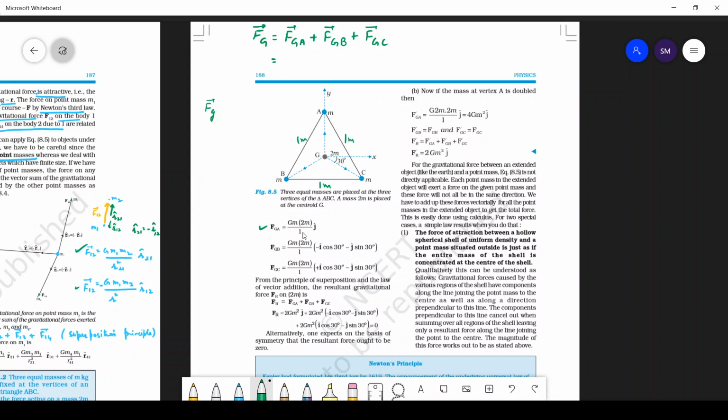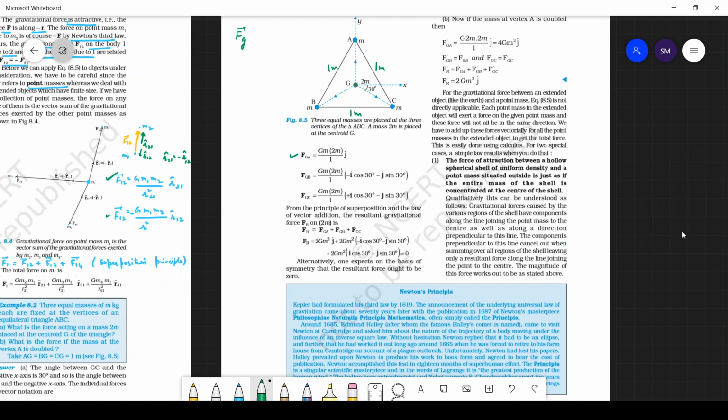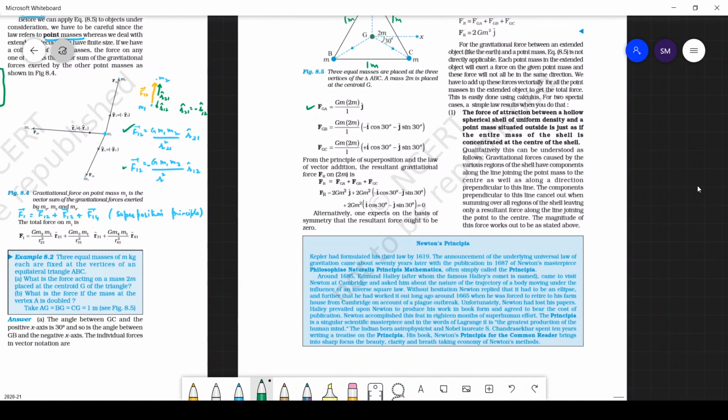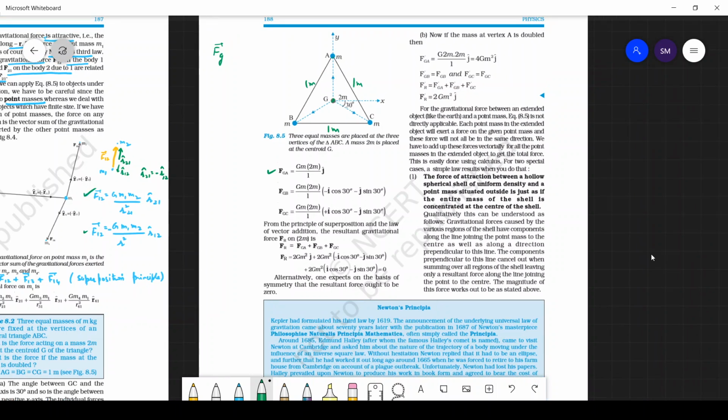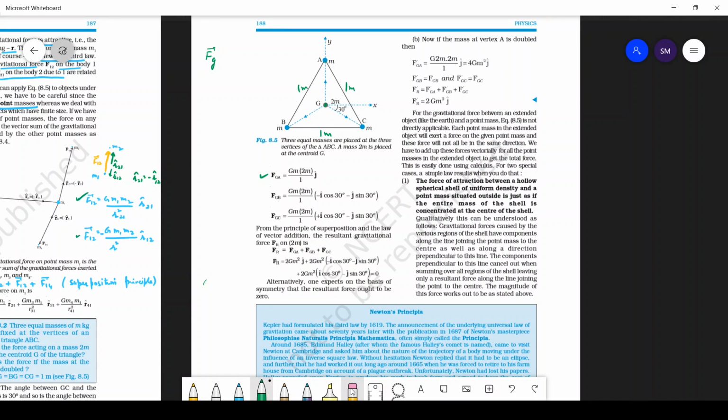So FGA is G m1 m2 upon r square. So what is the distance between G and A? See students, the sides of the equilateral triangle are not 1. Okay, you have not pointed it out.